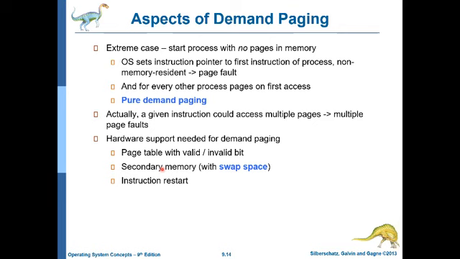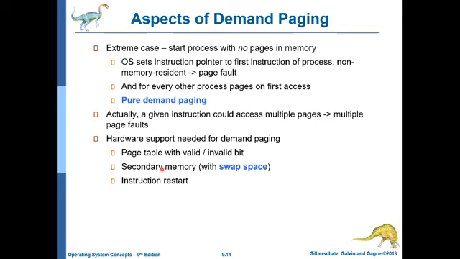In the extreme case, when you start a process for the first time, no page is there in the main memory. The page table entries will be empty and all those valid-invalid bits will be set to I. So what happens is that instruction 0 is executed. There is no page that contains instruction 0, a page fault is generated and the page is loaded into memory.